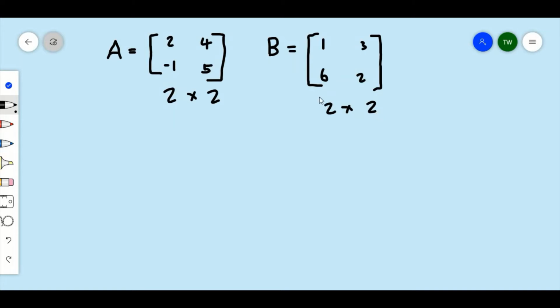Now, in order to determine if these two matrices can be multiplied, the number of columns in the first matrix, which is this 2 here, must be equal to the number of rows in the second matrix. So if we highlight that, we can see that here the number of columns is 2. And the number of rows in the second matrix here is also 2.